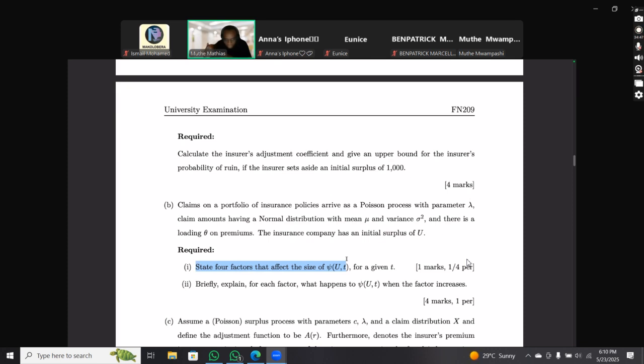If you are careful, the bound is e to the power minus U times R, right? So what is R? The adjustment coefficient. And U is the initial reserve. So think about how initial reserve affects the probability of ruin. If you have a higher initial reserve, and you keep the adjustment coefficient constant, the probability of ruin will go down. It's an exponential.